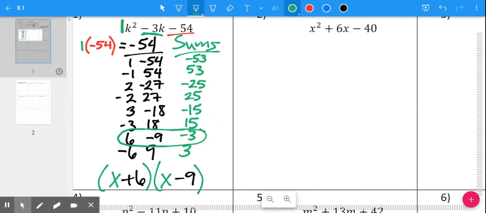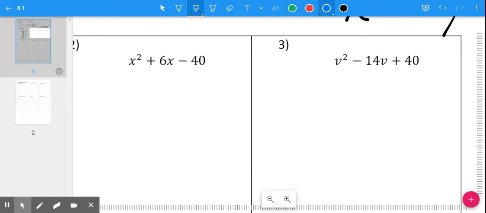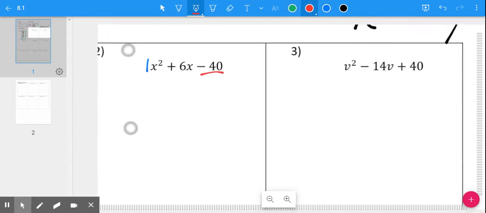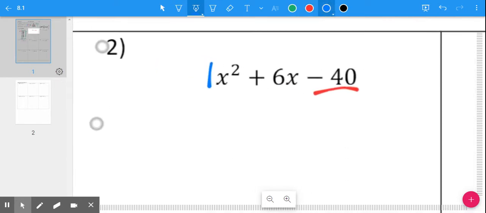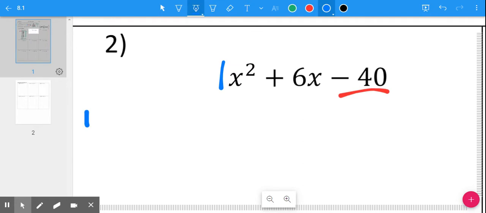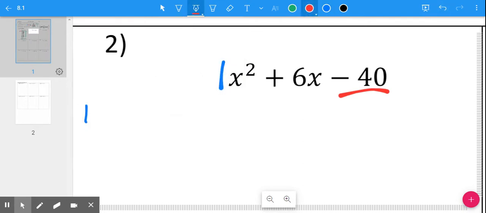So if we look at another one, we have a value is 1, c value is negative 40. So when we multiply those together, we have 1 times negative 40 equals negative 40.